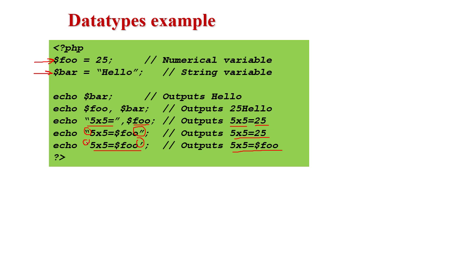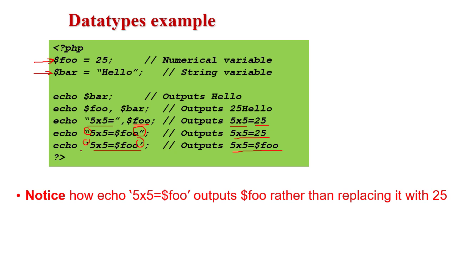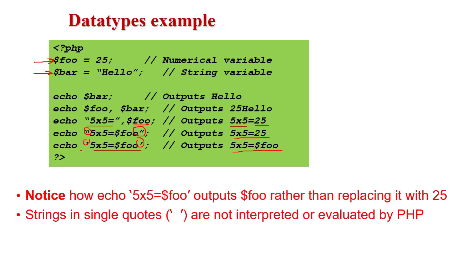This is the difference between single quotation and double quotation. Whenever you want to evaluate the variables, you have to use double quotation. Otherwise, if you use single quotation, then the string will be output as it is, right? Strings in single quotes are not interpreted or evaluated by PHP.